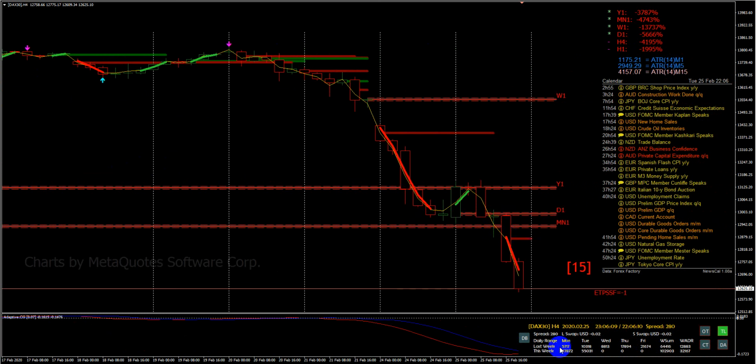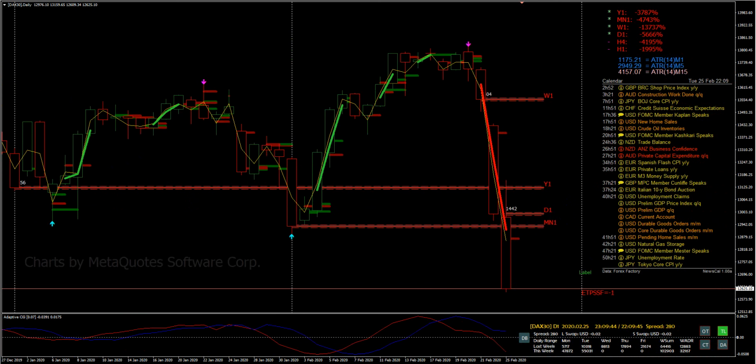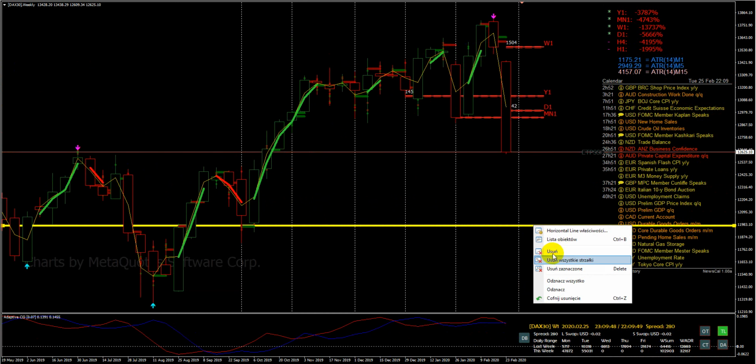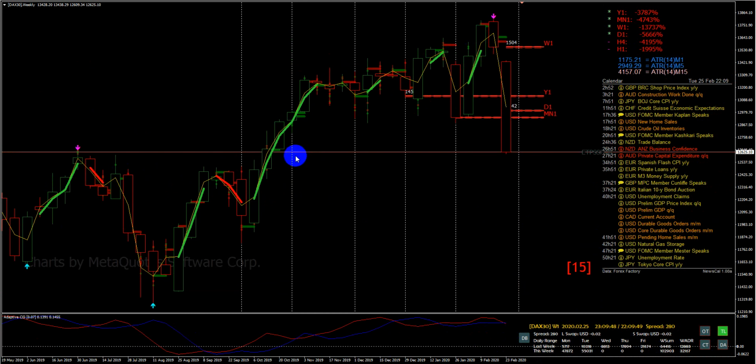In order to find that, we need to go to another time frame, and if we can't find it there, we need to go to a higher time frame, and then on that higher time frame, we can start looking for something important.